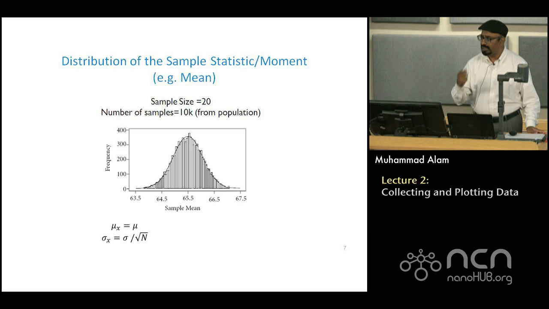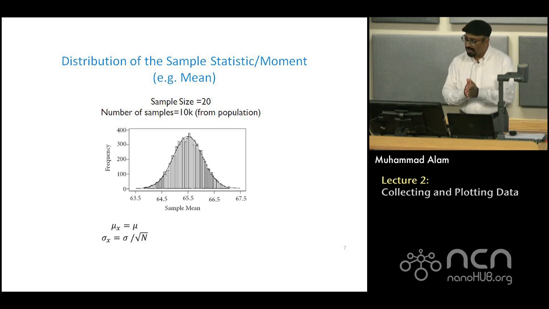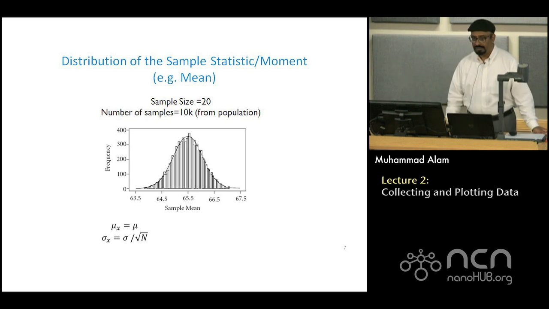For every sample, you will have an average, and you plot that average. The picture that you are seeing here looks like a Gaussian distribution of averages. There are not 10,000 points here, but rather samples of 20, and you have taken many, many samples of 20.